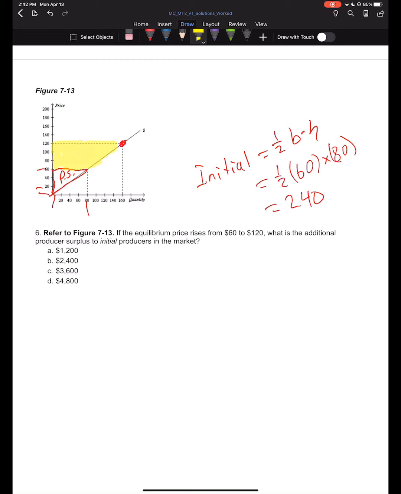But specifically, this question asks, if the equilibrium price rises from 60 to 120, what is the additional surplus to initial producers in this market? Well, who are the initial producers? The initial producers are all of these 80 people that were producing this 80 quantity that was in the market before. So these are our initial producers.